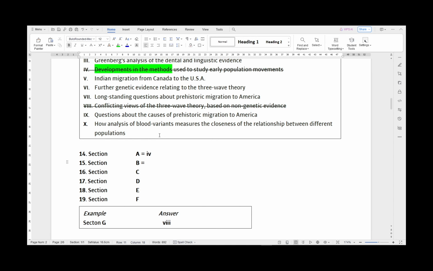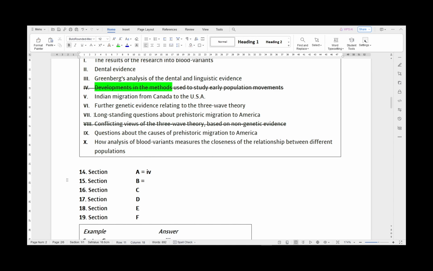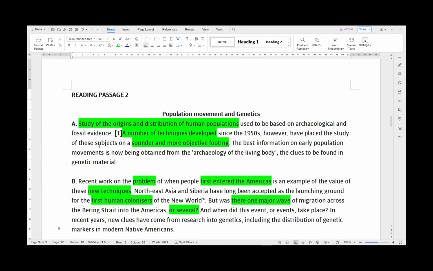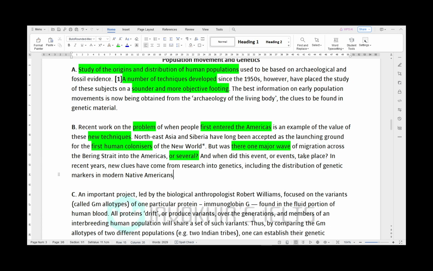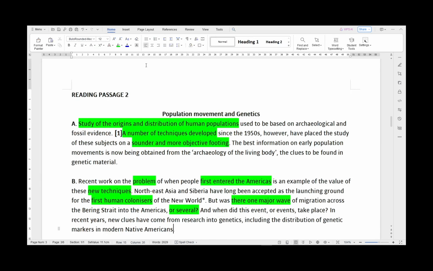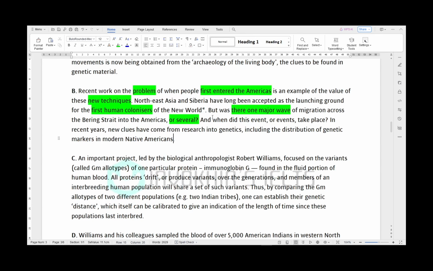So for this option, I would say we can see the long-standing questions about prehistoric migration. Oh, wait, I'm sorry for that, but no, not this one. I would say the migration across, right? That's basically the long-standing question: prehistoric migration is talking about the migration across the Bering Strait into the Americas, and when it happened.